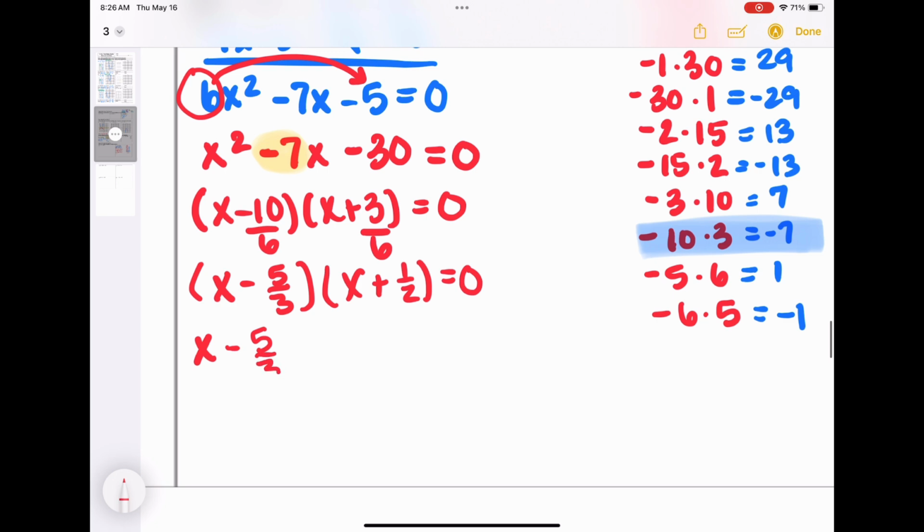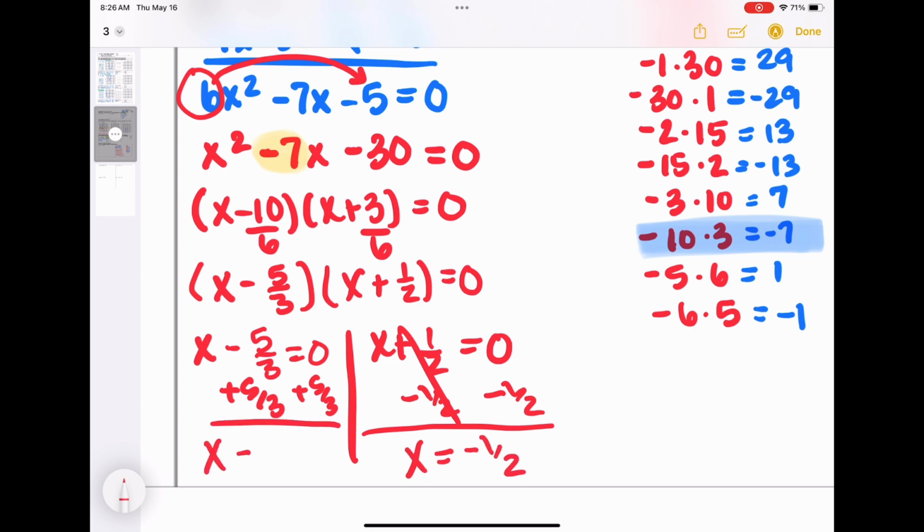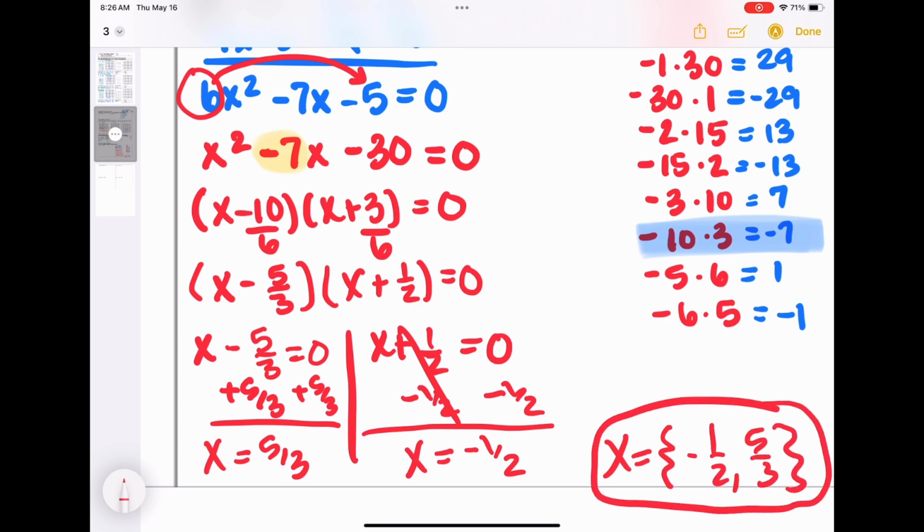Now I'm going to break it apart and solve those for x. So I'm going to add 5/3 to both sides. I'm going to subtract 1/2 from both sides. So I get x equals -1/2 and x equals positive 5 over 3. So that would be my solution for this problem.